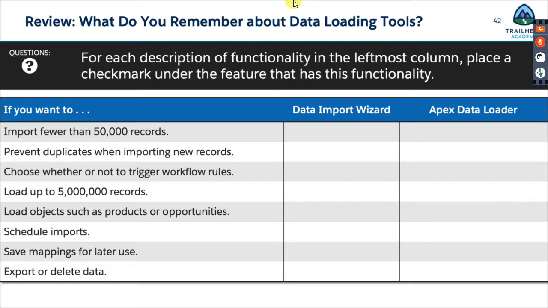If you want to import products or opportunities or any other standard object or any other custom object, then you have to go to Apex. Scheduling imports, saving mappings, and exporting or deleting data, none of those three things can be done with the data import wizard. You must use the API tools like the Apex technology.